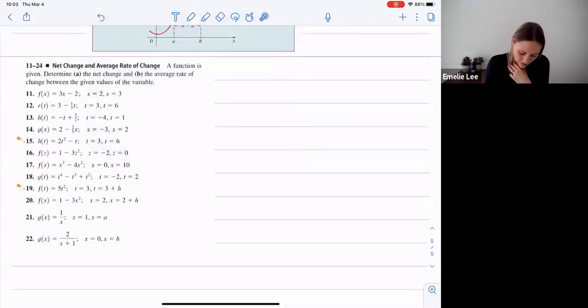If we have a function, it doesn't matter whether it's called f or r or h or g, because right now we're comfortable with function notation, and whatever is inside the brackets should be the variable that we're working with.